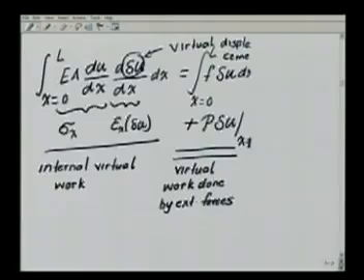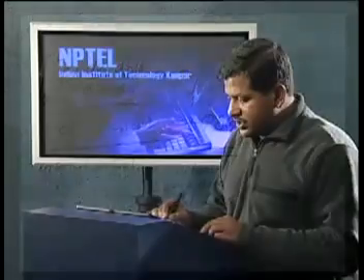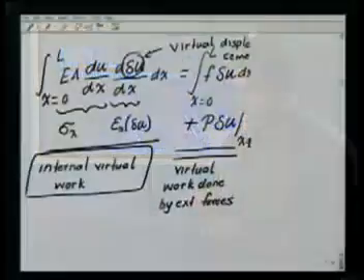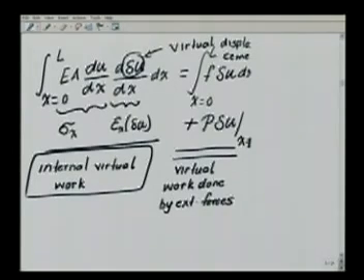Okay. So the term that we have on this side is the work done by the strain due to this virtual displacement against the stress that has been built up in the bar to counter the effect of the external forces, while on the right hand side it is the virtual work done by the virtual displacement delta u against the external forces that we have. This equation is given a name.